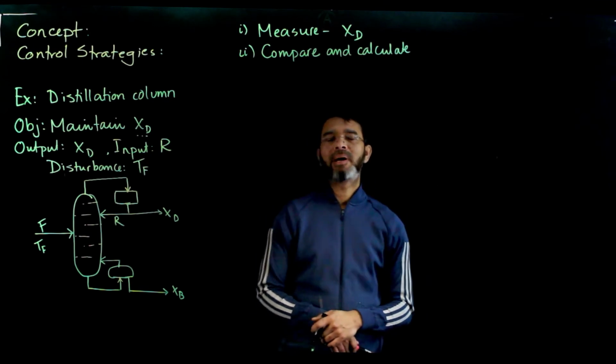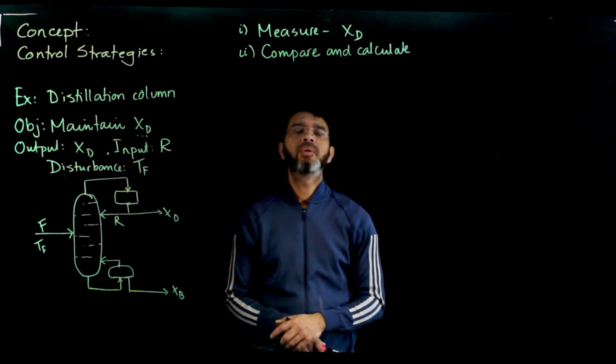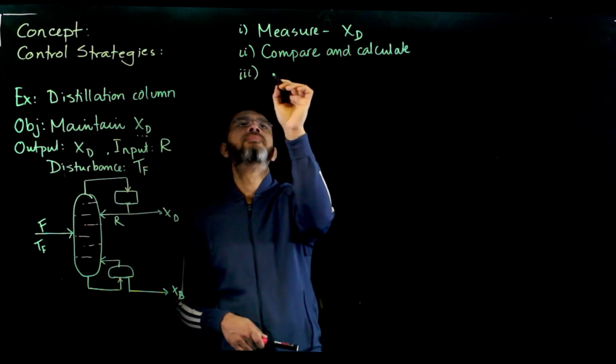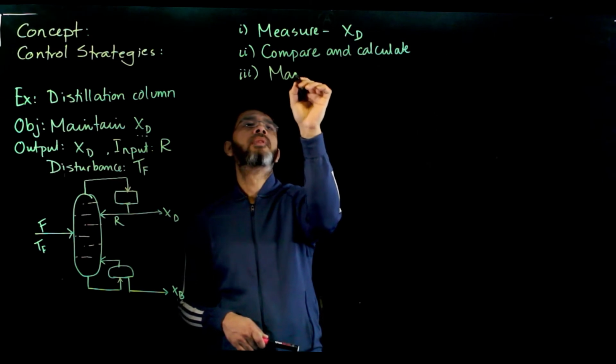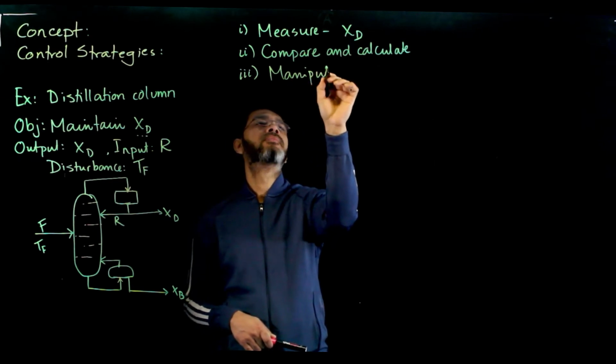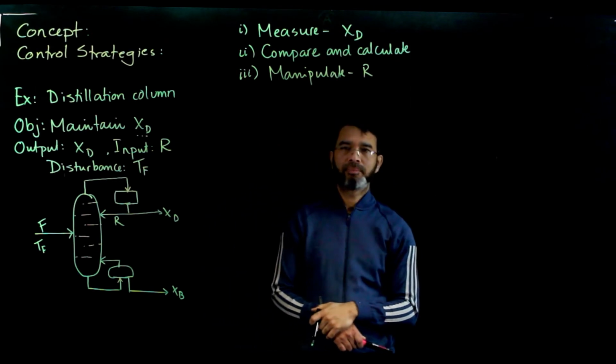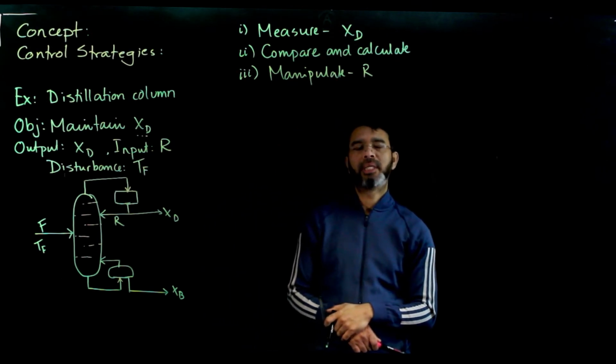If XD is above the desired value, you may want to decrease the reflux flow. In the third step, you manipulate the reflux. So that's one control strategy.